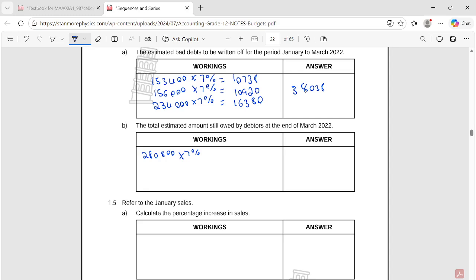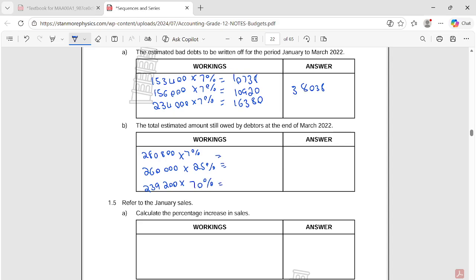And then for February we have 260,000 multiplied by the 18% plus the 7% bad debt that they owe us. So 18 plus 7% is 25% here. And then for March we have 239,200 multiplied by the 70% that they owe us.